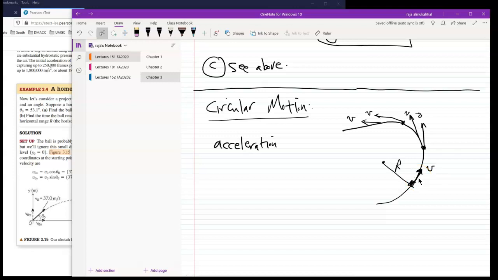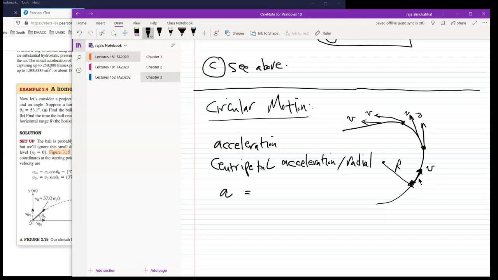And this acceleration is a special kind of acceleration. We refer to it as the centripetal acceleration. We'll deal with it later on in detail with forces and so on. Your book calls it, for now, the radial acceleration, but it is centripetal because it is in the direction of the radius.